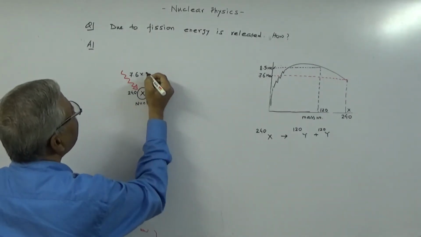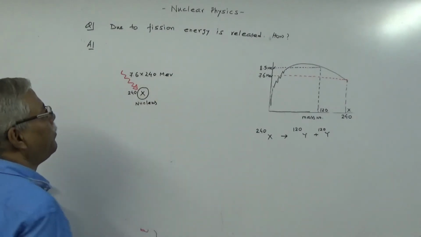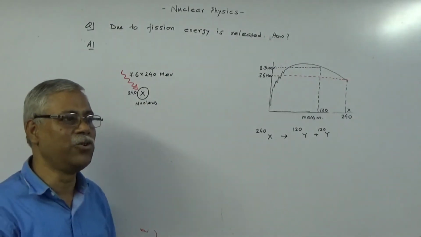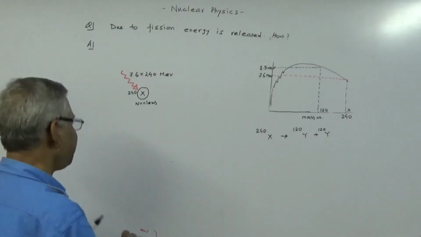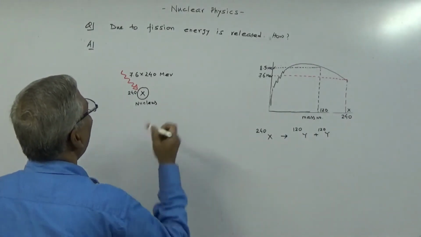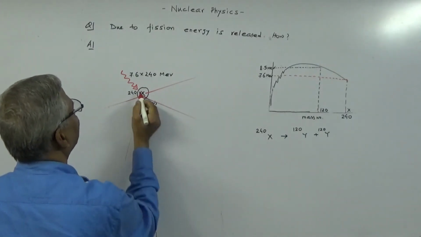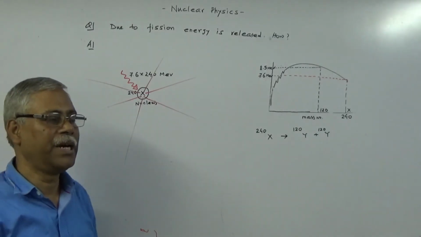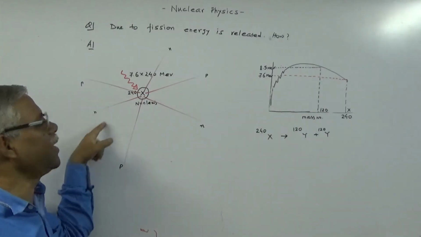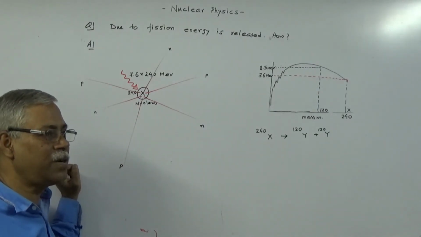So 7.6 into 240 MeV. This much energy you have supplied. As a result, all the nucleons have gone to infinite separation.